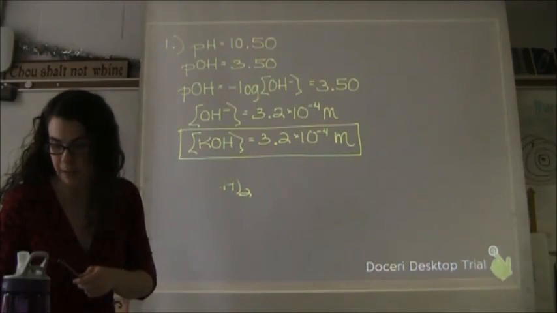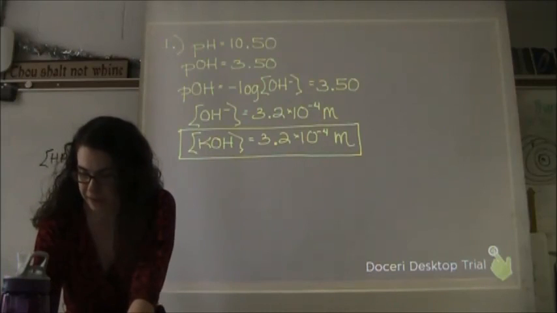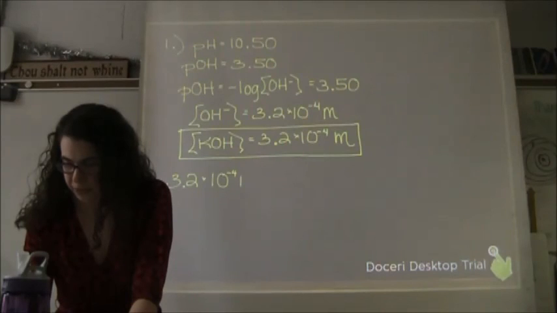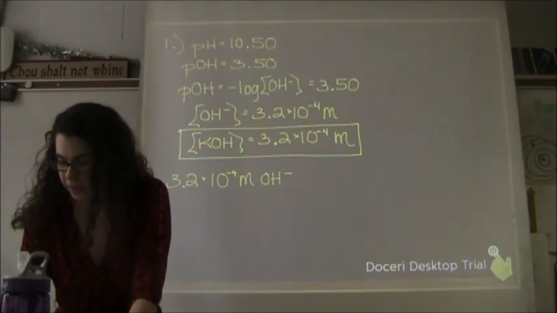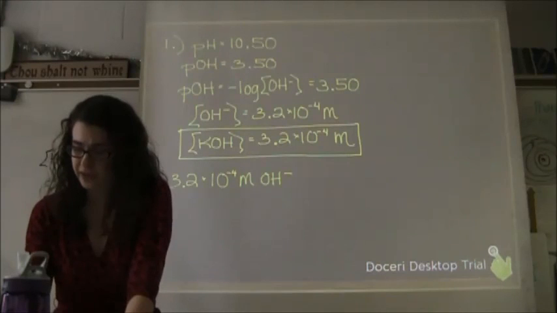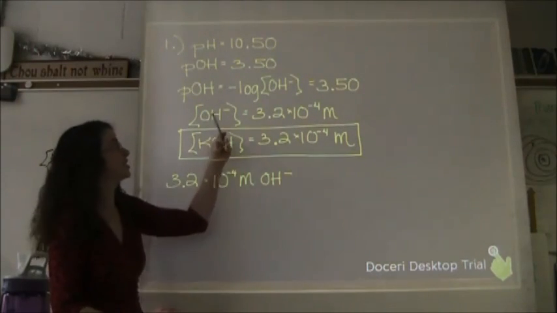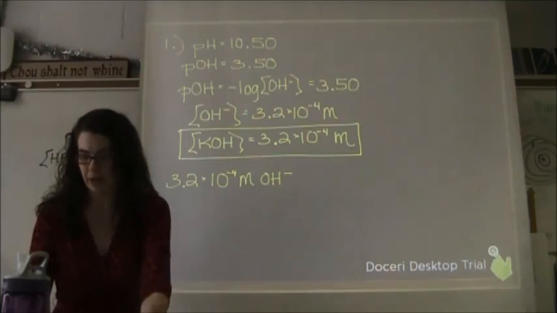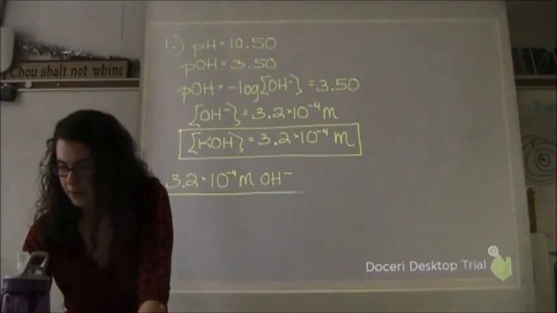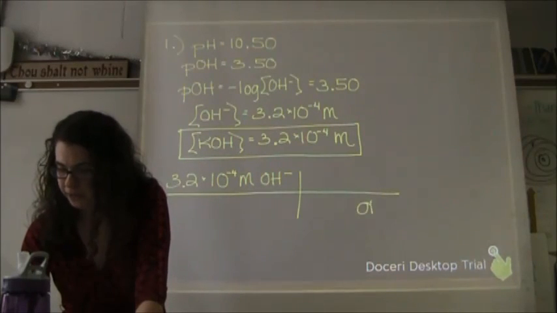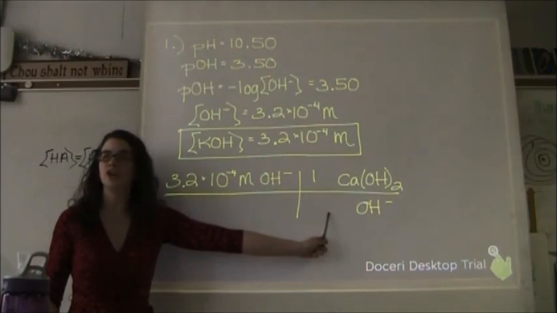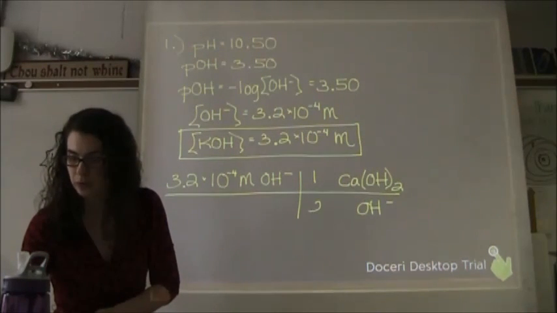So let's think about what would be different. I would have this molarity of OH minus, but guys, I saw a number of you didn't really pay attention to this. OH minus concentration is not what the problem asked for. It asked for the molarity of the whole compound. So I don't want OH minus, I would want this. For every one of these, how many hydroxides are in there? 2.